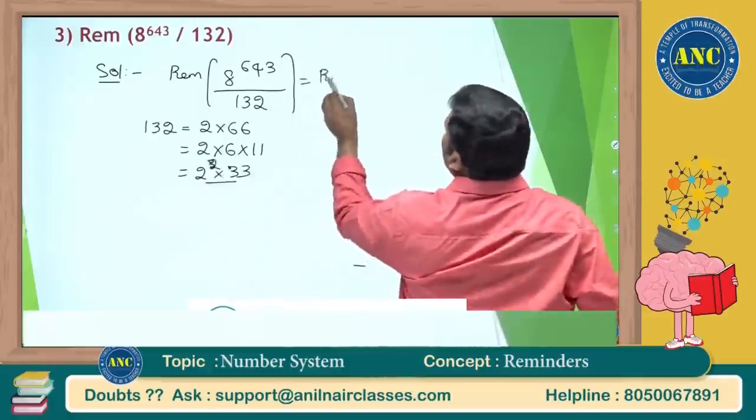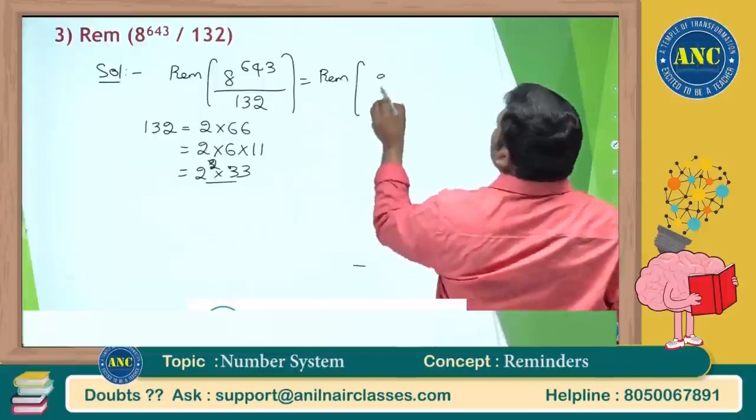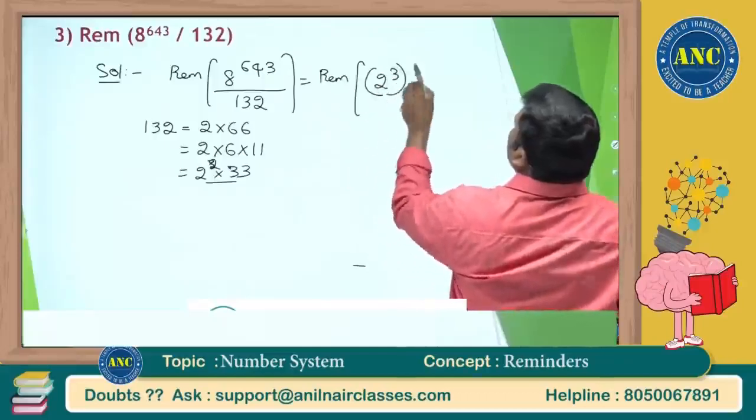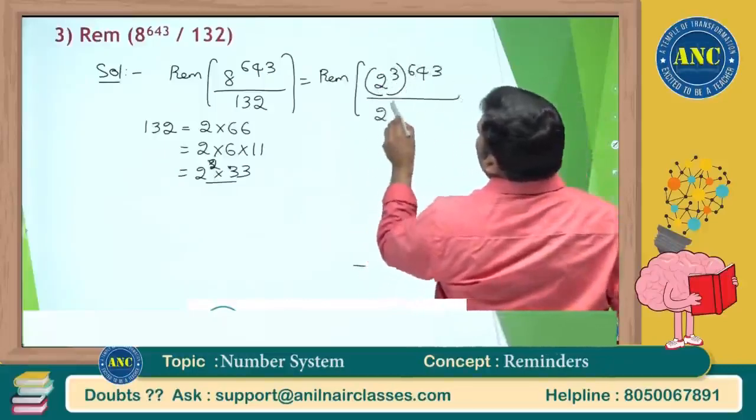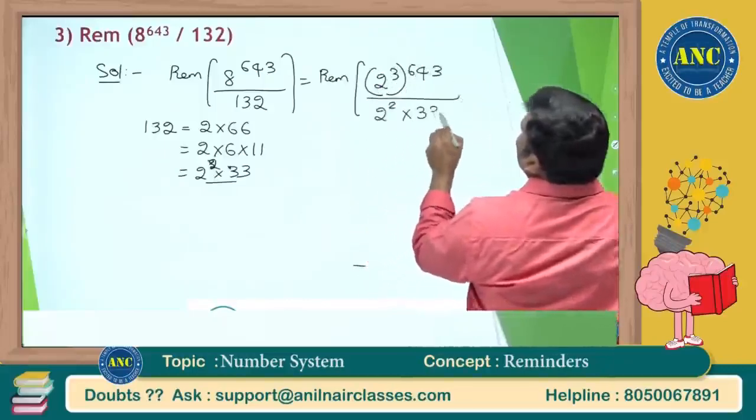So 8 can be written as 2 cube, power 643, divided by 2 square into 33.